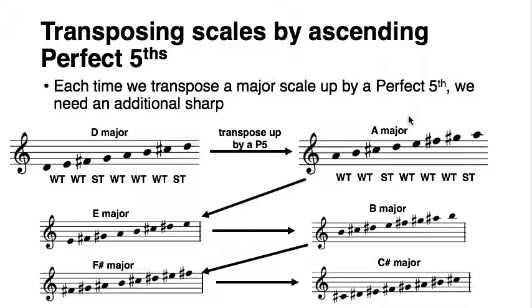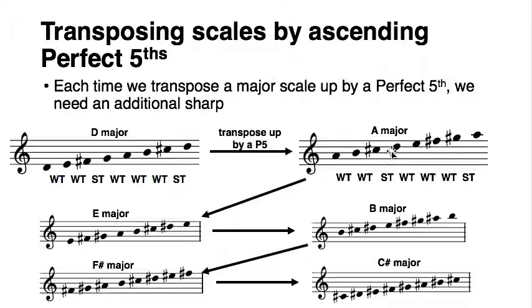Notice one more thing. We do need an additional accidental when transposing the scale up by a perfect fifth, but the other accidentals were already present in the previous scales. So if we think of A major containing C sharp, F sharp, and G sharp, G sharp is unique at this point to A major, but F sharp appeared in both G major and D major, F sharp and C sharp appeared in D major, right?